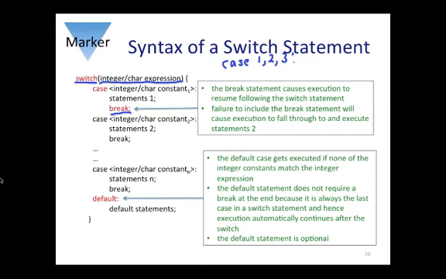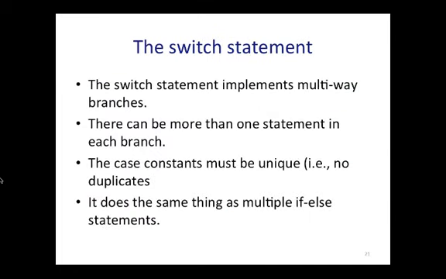And then finally, you can have a catch-all default if you want. It's optional at the very end, where you execute something if none of the cases has been met. Okay, so it's good for implementing multiple choices, or what we call a multi-way branch.